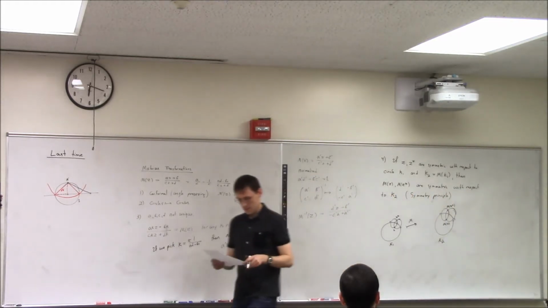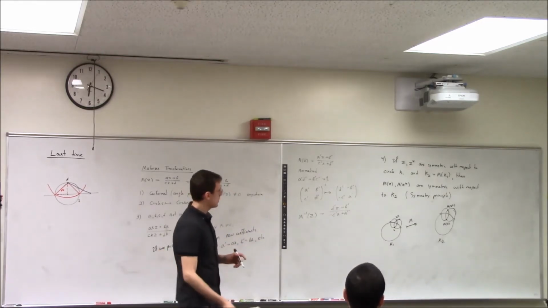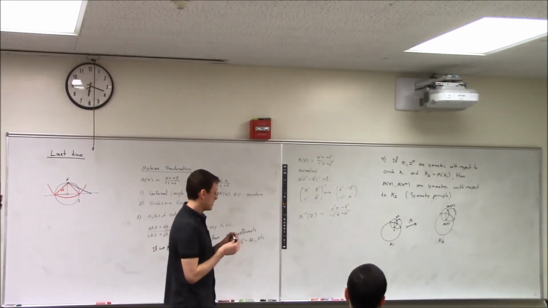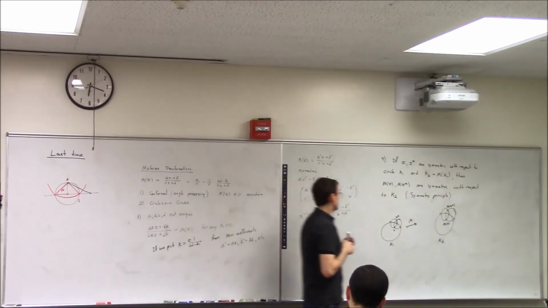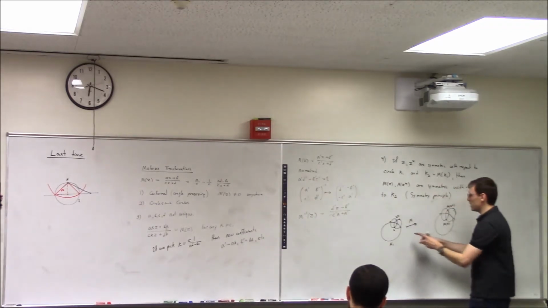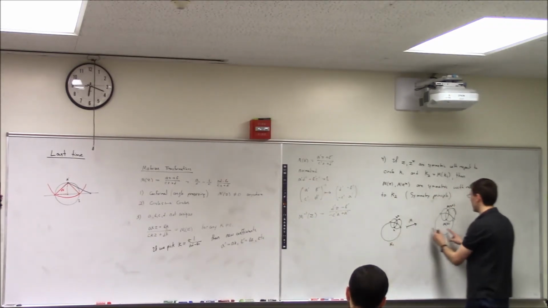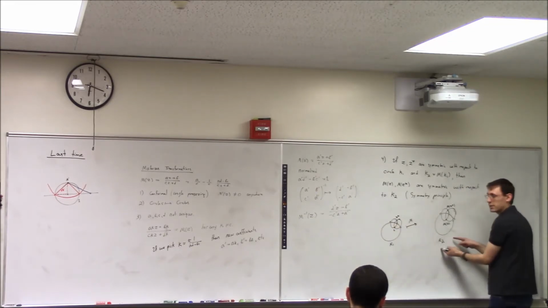Did you apply the Mobius transformation to K1 as well to get the Z star? I apply the Mobius transformation to K1, and that maps this circle K1 to another circle K2.